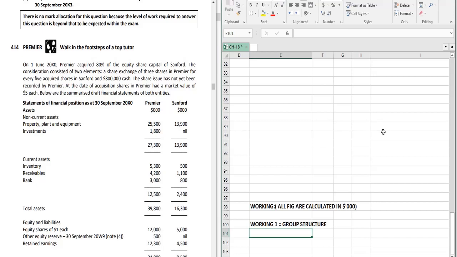On 1st June 20x0, Premier acquired 80% of the equity share capital of Sanford. It means Premier is the parent company and Sanford is the subsidiary company.